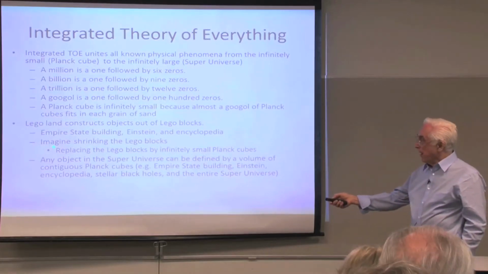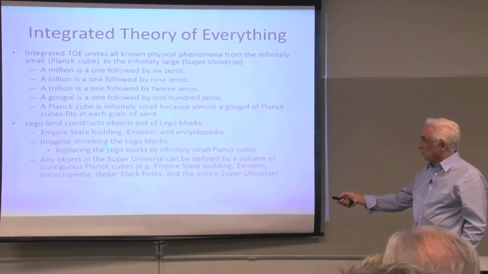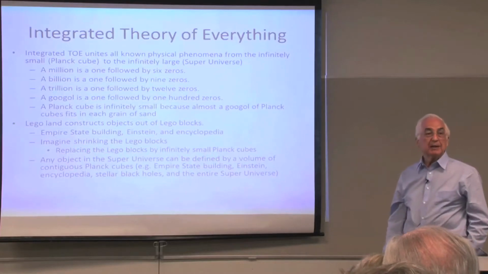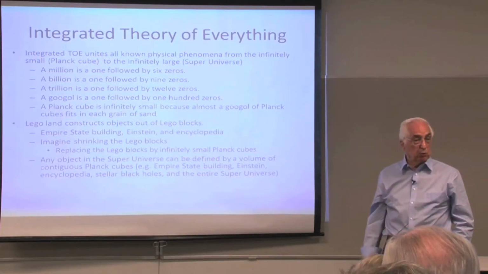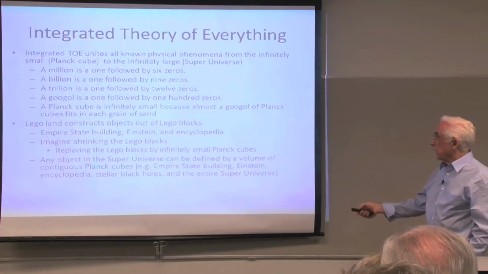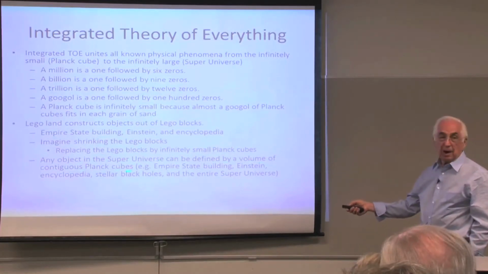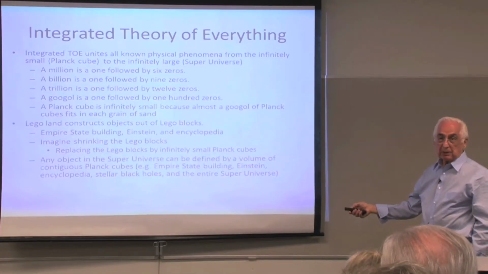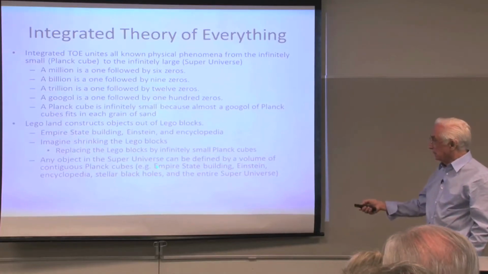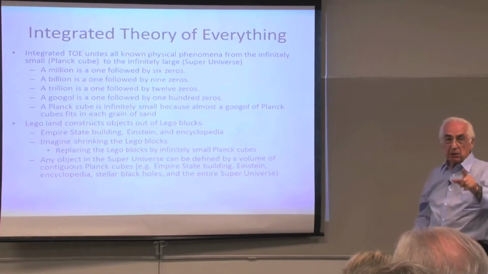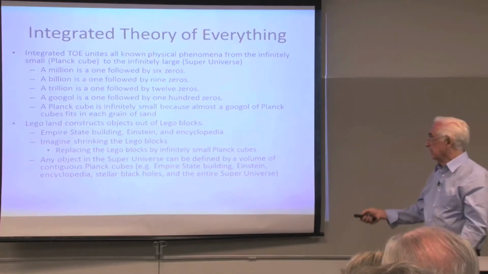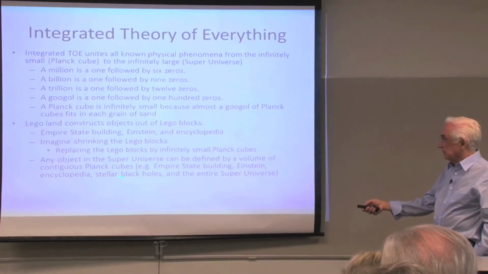And I want you to imagine shrinking the Lego blocks until they become the size of an infinitely small Planck cube, and then we will be able to define any object in the superuniverse as a volume of contiguous Planck cubes. So we can visualize the Empire State Building, Einstein, you, me, an encyclopedia, a stellar black hole, or the entire superuniverse made up of these infinitely small Planck cubes.